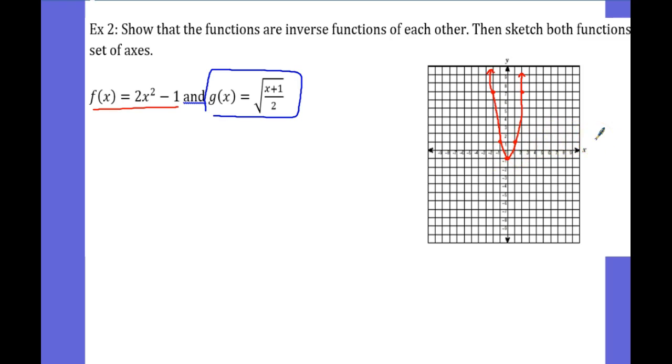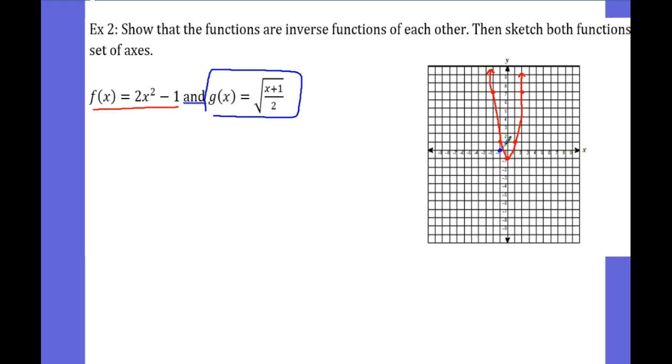We also know that the domain and range of inverses need to be opposites. So if on the original you have the point 0, negative 1, on its inverse you should have the point negative 1, 0. Good. And then again, you could check: am I going to have the point 1, 1, or am I going to have the point negative 1, 1?